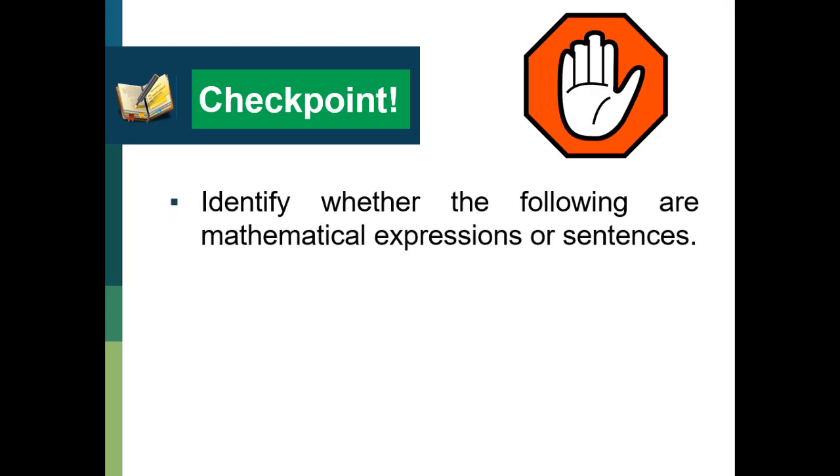Alright, I think you have now learned how to distinguish mathematical expressions from mathematical sentences. Hence, as a way of checking your progress, identify whether the following are mathematical expressions or sentences. The first one, 4 plus 5. The second one, x minus 1 is equal to 0. The third, the set containing 1, 2, and 3.